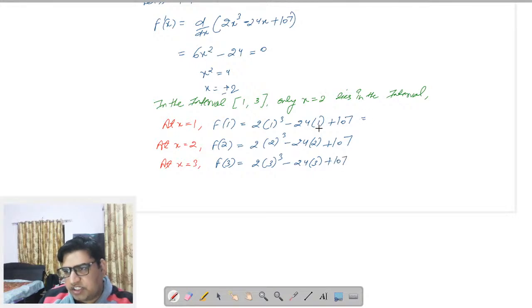Let's see how much it will be. So it will be 2 minus 24, so that is 22, and 107, so it will be 85. Similarly in this case, it will be 8 into 2 is 16, and this is 48, so 16 3s are 48, 16 2s are 32, so 107 minus 32.